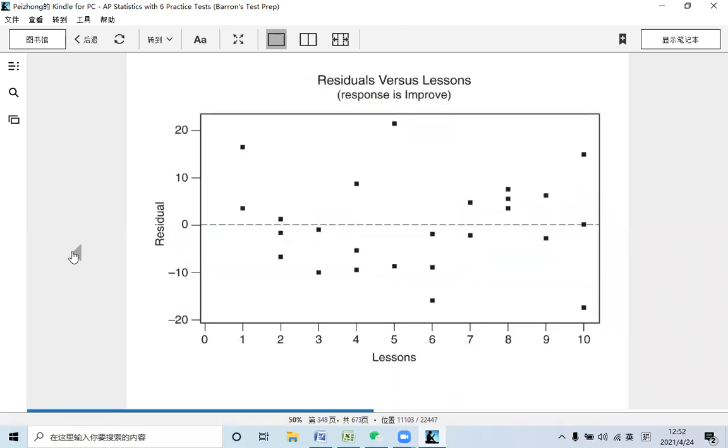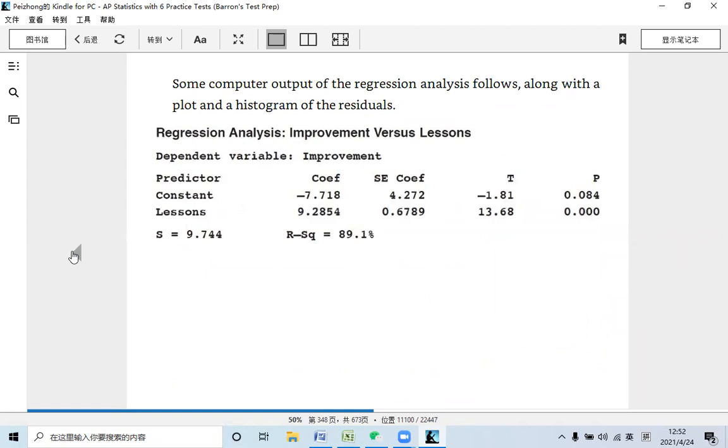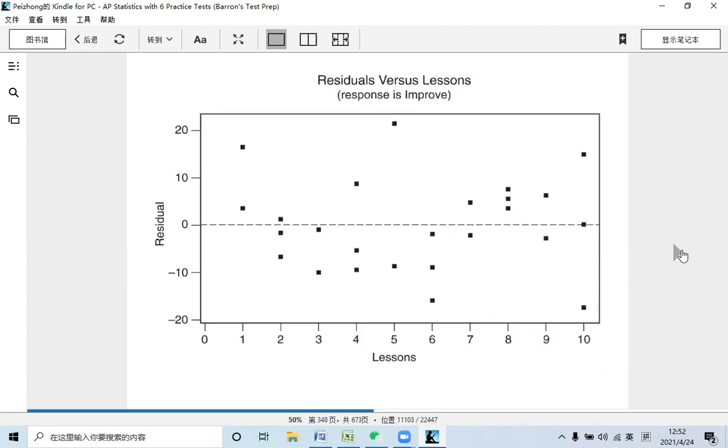If you look at the computer output, here is the t for the slope. The t for the slope is pretty large, 13.68. So how do we get the t value?